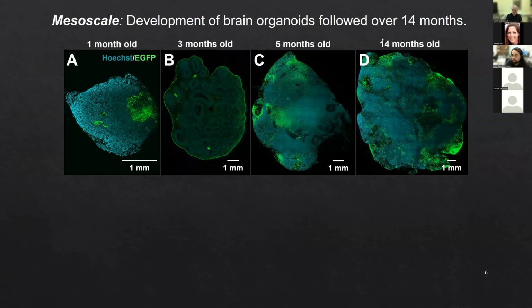Another example could be to see what is happening with these brain organoids during development. Here we have brain organoids that express GFP in 10% of the cells, and we have samples of 1, 3, 5, and 14 months old.